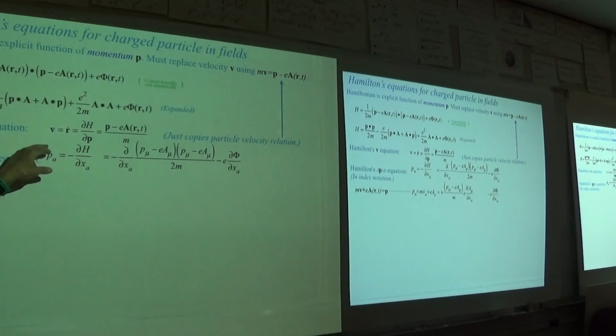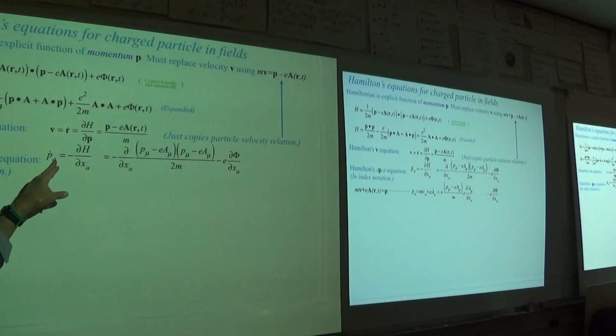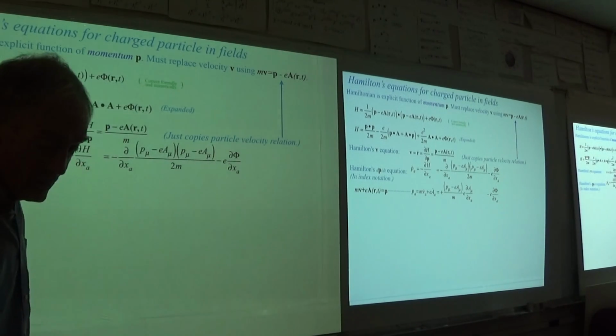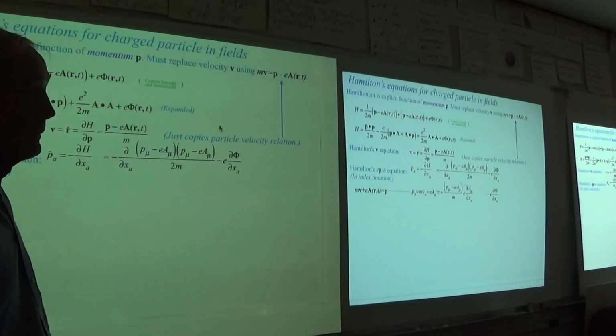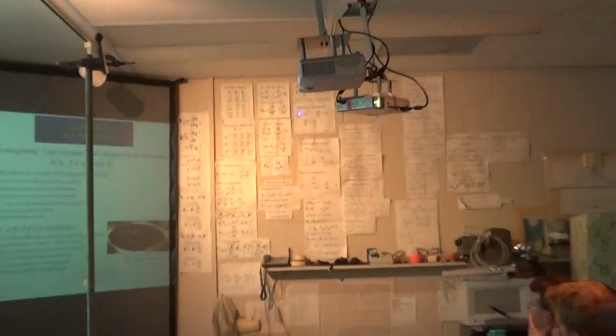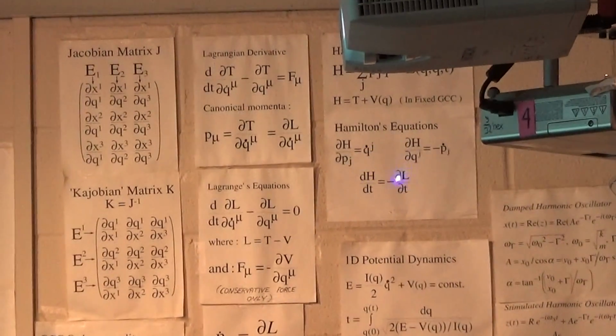This was R dot. This is the P dot equation. It has a minus sign in it. You can check all this on the wall in the Hamilton section up there. The partial derivative of H with respect to the momentum is velocity, and H with respect to the position is minus the momentum dot.